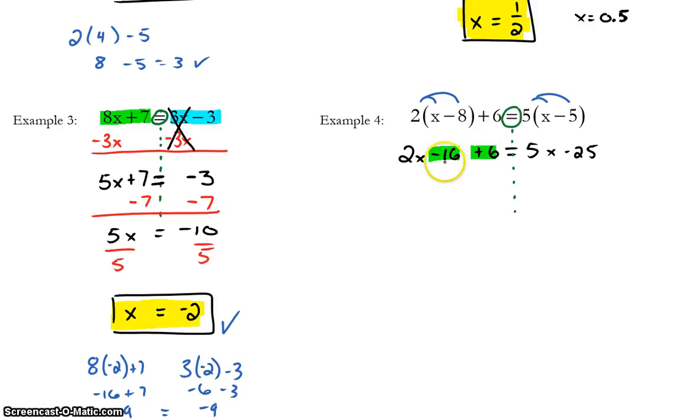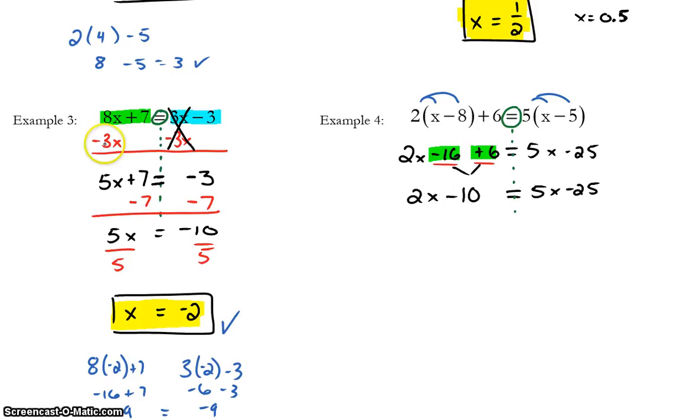Since these are on the same side, I combine them as like terms. And negative 16 plus 6 is a negative 10. I get 2x minus 10 equals 5x minus 25. Since they're on the same side, I don't use inverse operations.